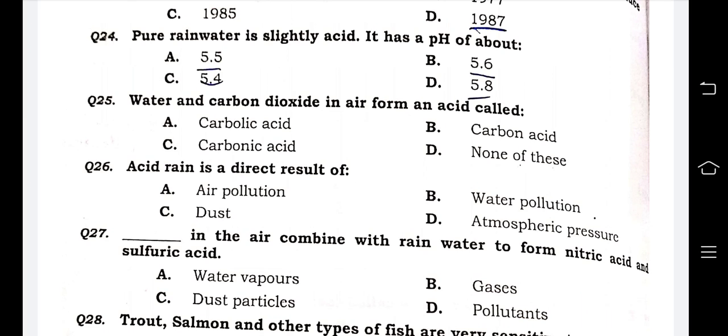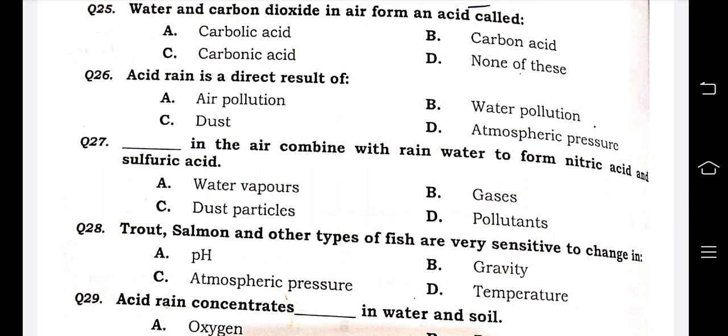Option A water vapors, option B gases, option C dust particles, option D pollutants. Dash in the air combine with rainwater to form nitric acid and sulfuric acid. So the correct option is option D pollutants.